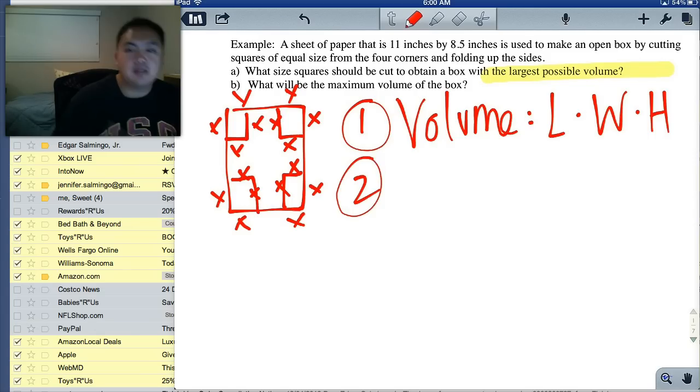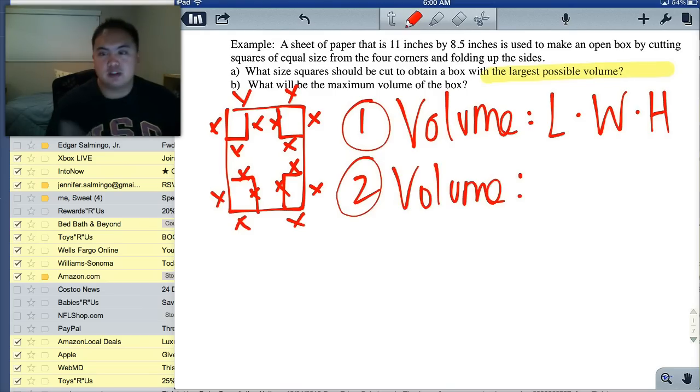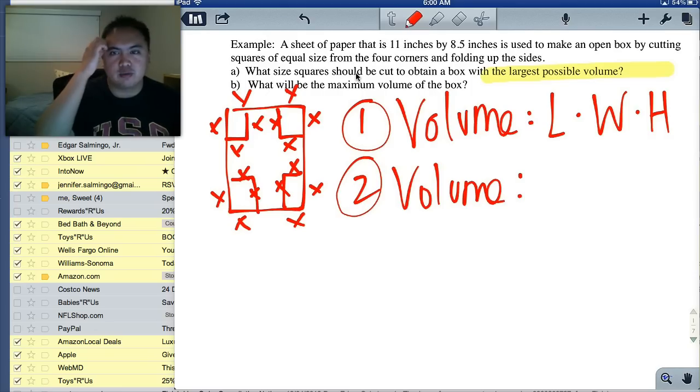So again, find out what you're maximizing, write out the equation for it. The next thing is we're going to maximize this equation, volume, length times width times height, but I need to put it in one variable. I can't take the derivative of 3 different variables. I need to put them all in the same variable.